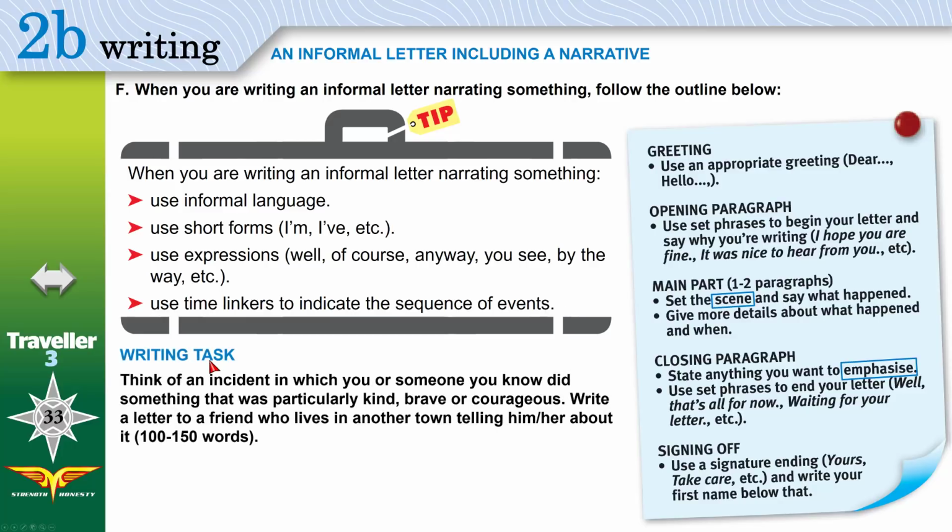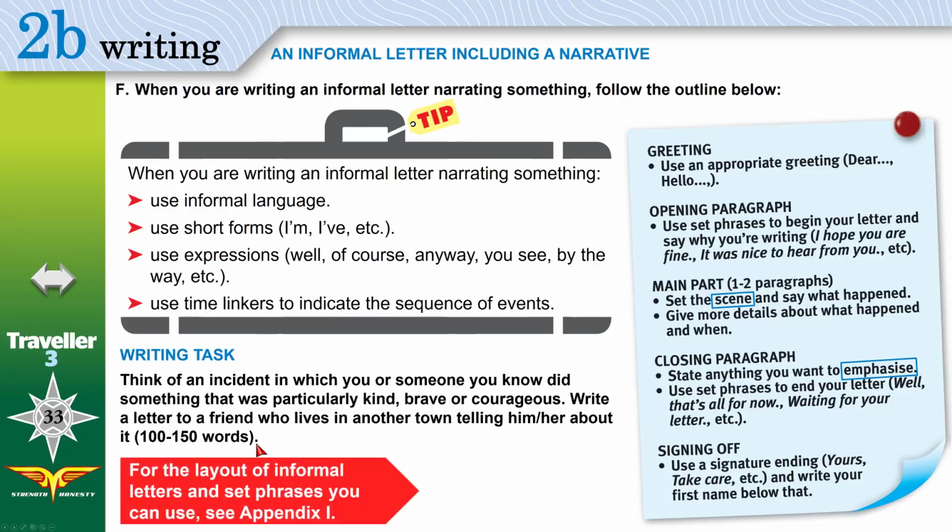Now it is your turn to write an informal letter to a friend. Think of an incident in which you or someone you know did something that was particularly kind, nice to people, brave or courageous. Write a letter to a friend who lives in another town or city, telling him or her about it. Your letter should be between 100 to 150 words.